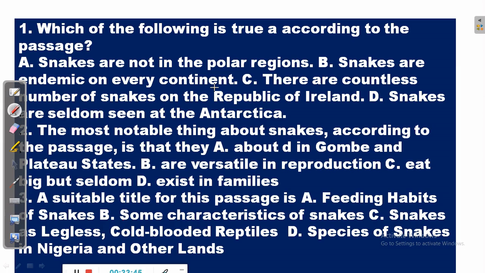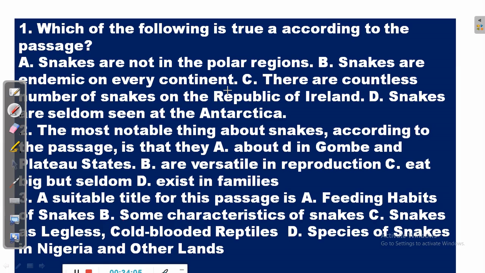But if we say snakes are endemic on every continent, then of course that might not be true, because unless we are saying that the Antarctica is not one of the continents. All right.